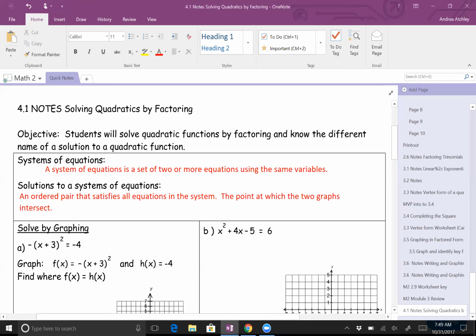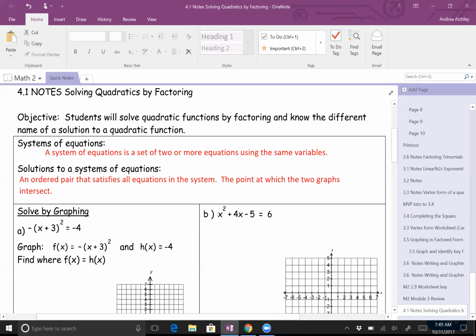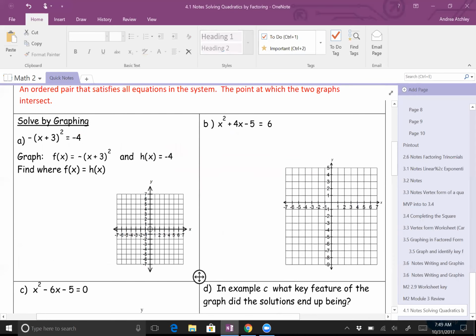Okay. So we're going to solve this by graphing here. So here's my equation. I have negative (x plus 3) squared equals negative 4. Okay.